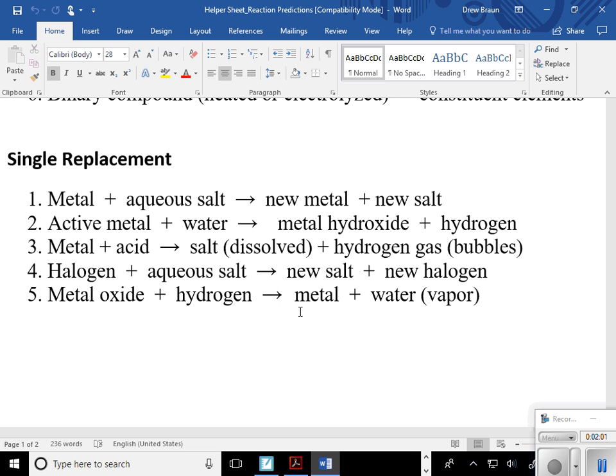Number 4 is dealing with halogens. So it's important to make a mental note of halogens that are being involved with this. Finally, the last one is a metal oxide plus hydrogen will give a metal and water. So those are the 5 different types of a single replacement reaction.